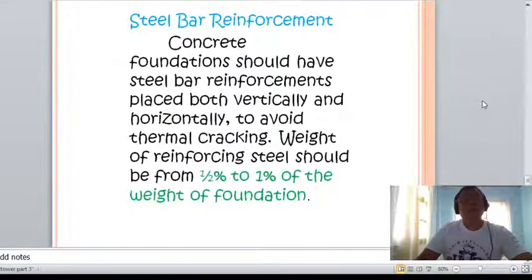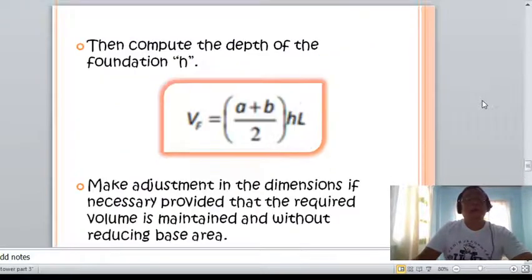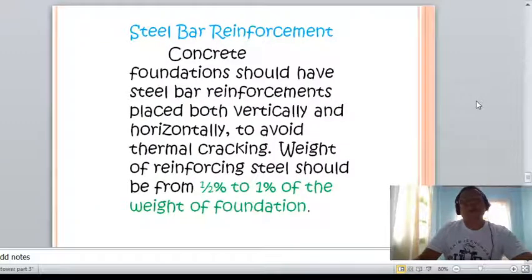Another, we have here the steel bar reinforcement. Of course, it requires steel bars in order to prevent cracks. The concrete foundation should have steel bar reinforcement placed both vertically and horizontally to avoid thermal cracking.